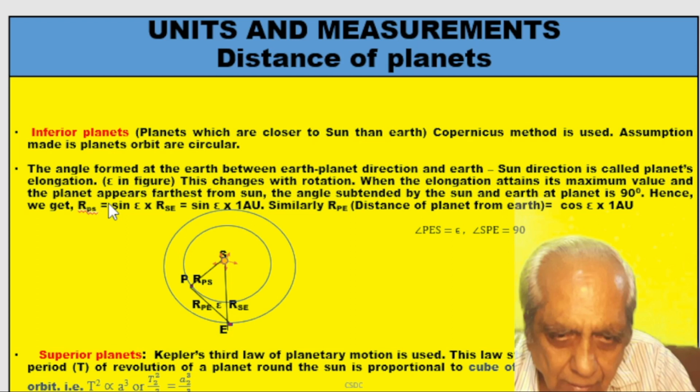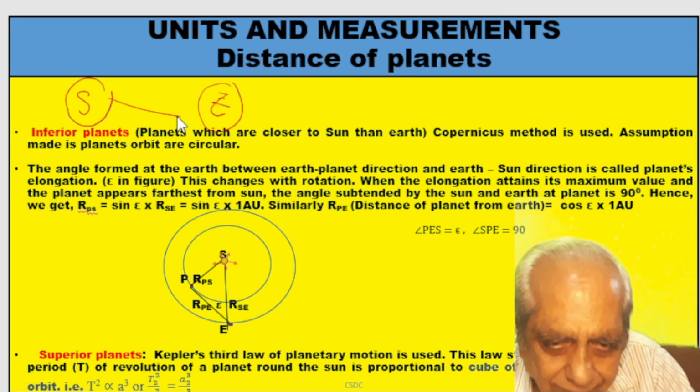Sun is here, Earth is here. The planets in this region are inferior, and planets outside are called superior planets. You might have studied this in geography in 10th standard.